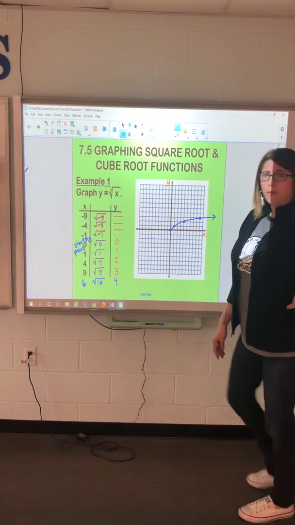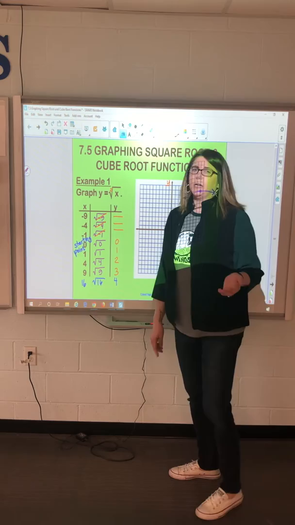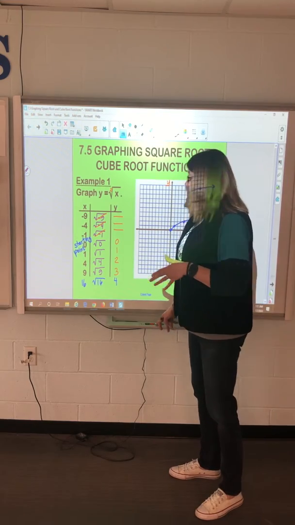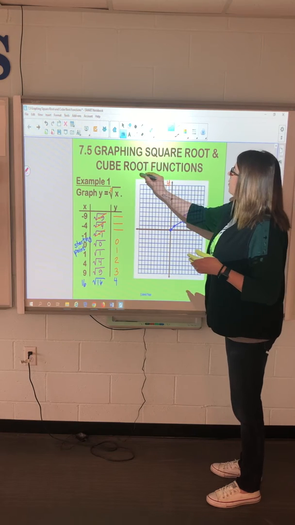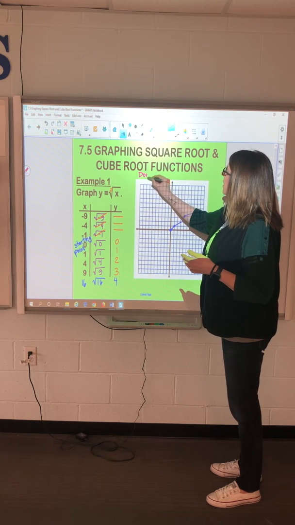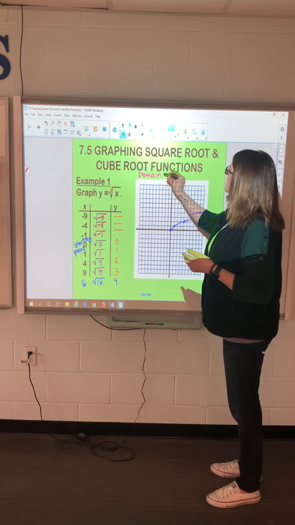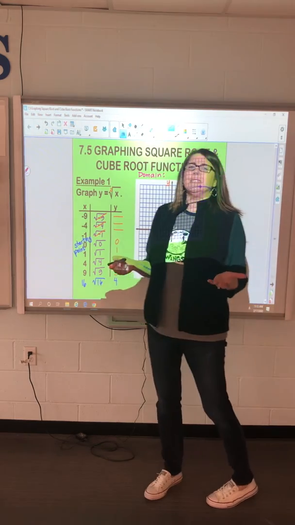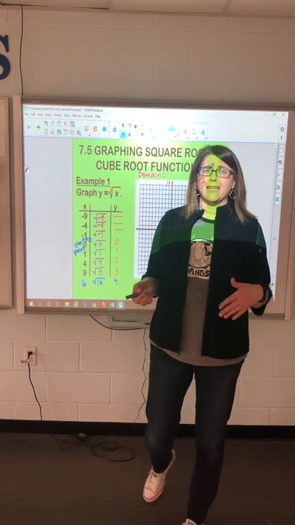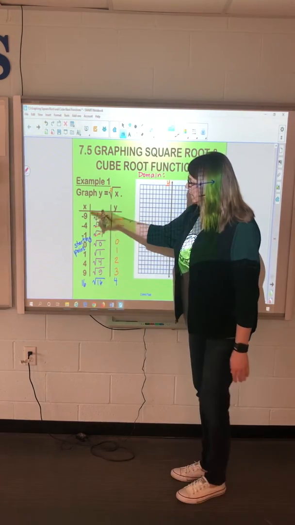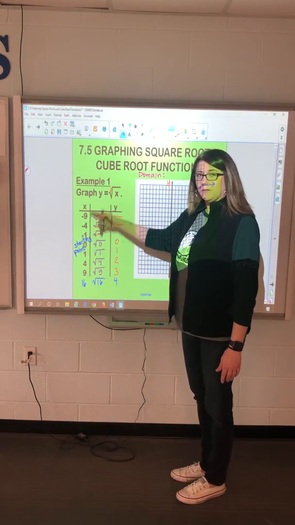So let's talk about a couple things, because we have talked this year about domain and range. So let's talk about that again. Whenever I talk about domain, remember, domain is basically asking you, what is x allowed to be in this problem? Are there any restrictions? Is there anything that x can't be? Well, we already saw that x couldn't be negative numbers.